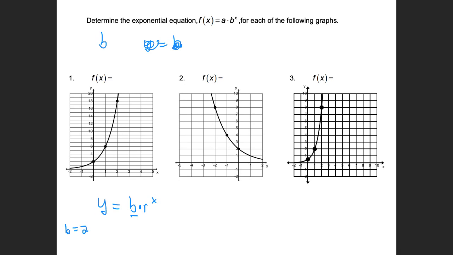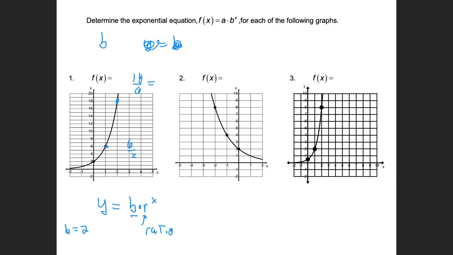What is my ratio? That is this number, the ratio. And how do you find that? You can take any 2 numbers that are next to each other. So this one is up 18, and this one is up 6. So 18 over 6, or I could take 6 and 2.